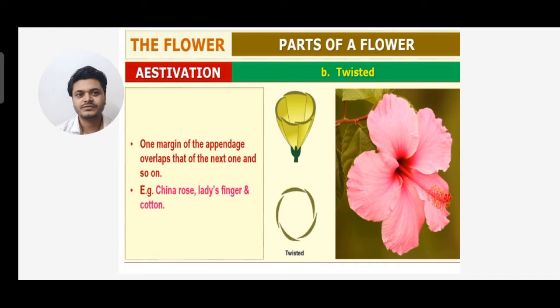You can see this type of pattern. One inside, one outside. Here also five petals are there. It can be five petals or five sepals. If in sepals, then this type of aestivation will be found in sepals. If in petals, then this type of aestivation will be found in petals.